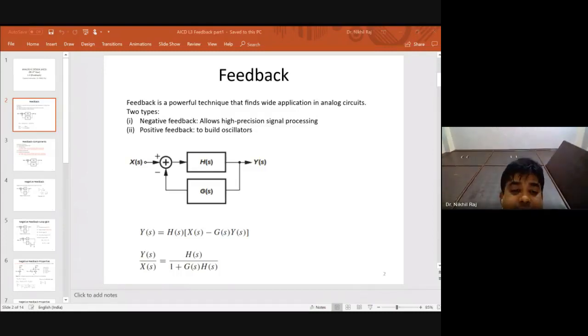Any feedback can be represented in this form: G(s), H(s).